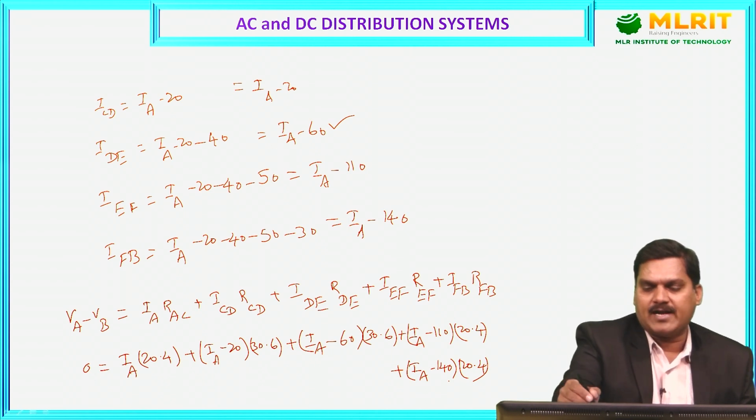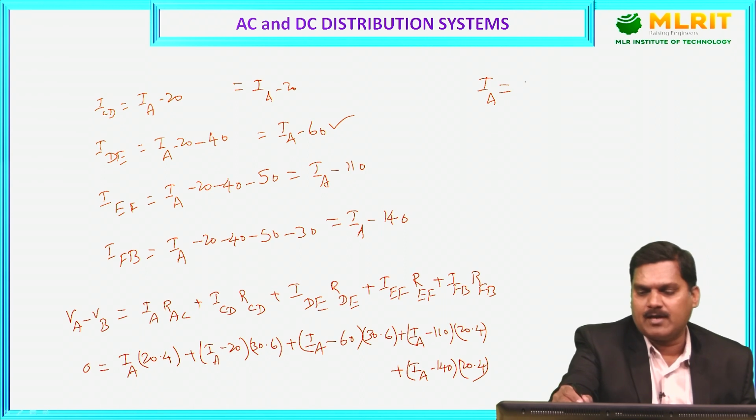From this directly we will get the IA value as 61.66 amps.